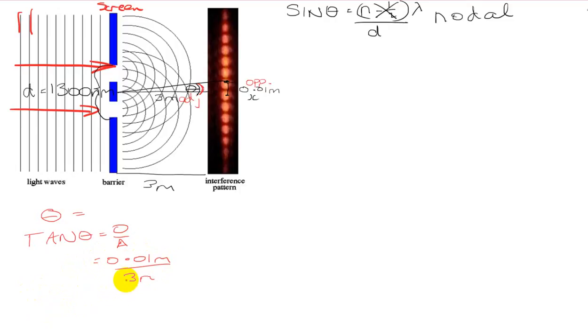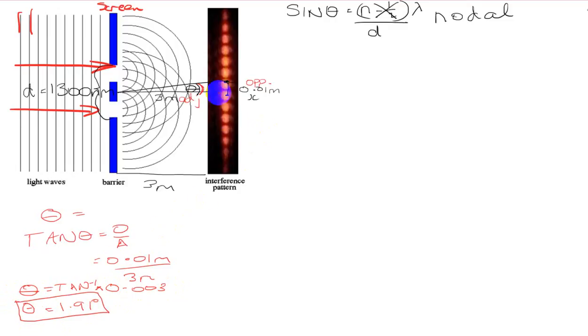And if I work that out, theta equals tan to the minus 1 of 0.01 divided by 3, which is 0.003, then theta is going to work out to be 1.91 degrees.